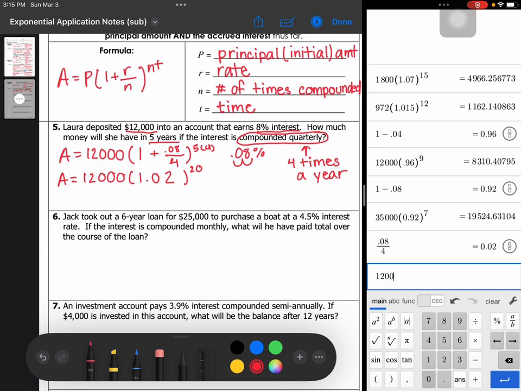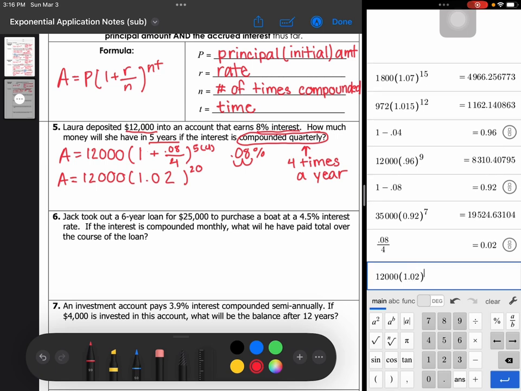So I do 12,000 times 1.02 to the 20th power. And again, we're talking about money, so we want to do to the cents. So I have $17,831.37.